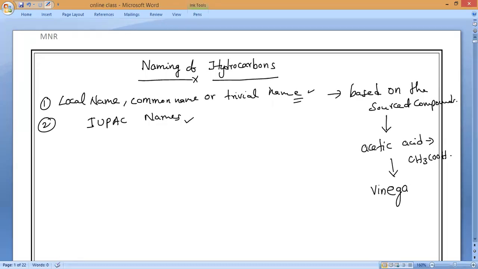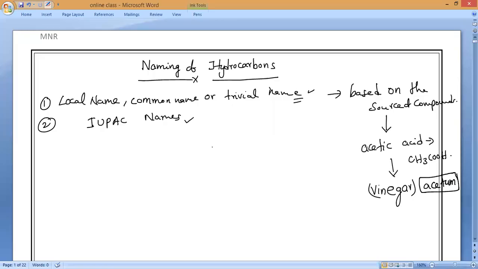Vinegar contains acetic acid, and the name of vinegar is basically acetum. That is why it is called acetic acid. So the common name of any kind of compound comes from the source.